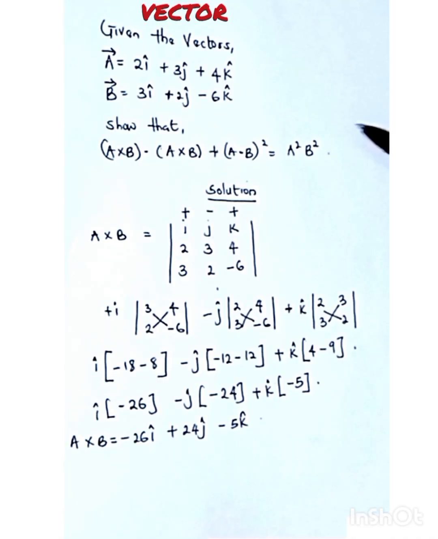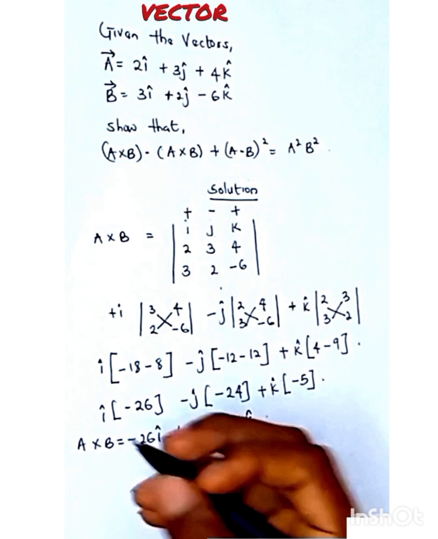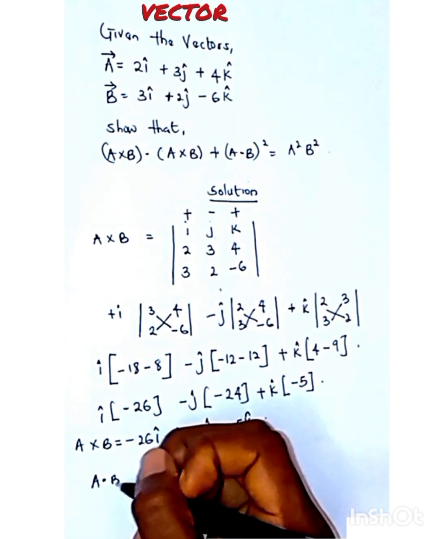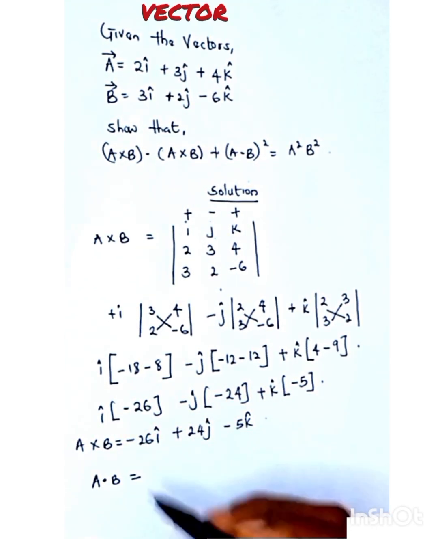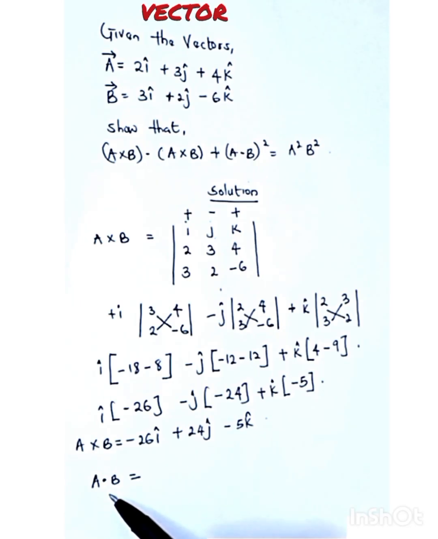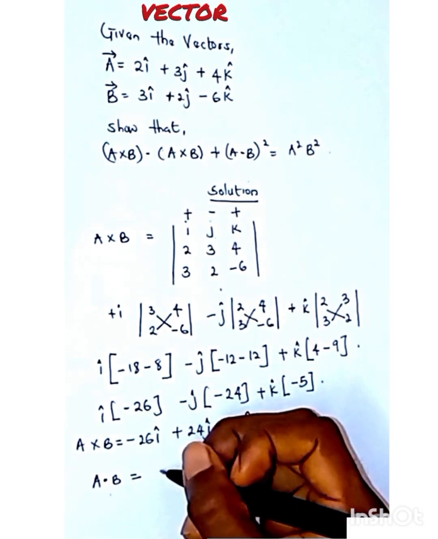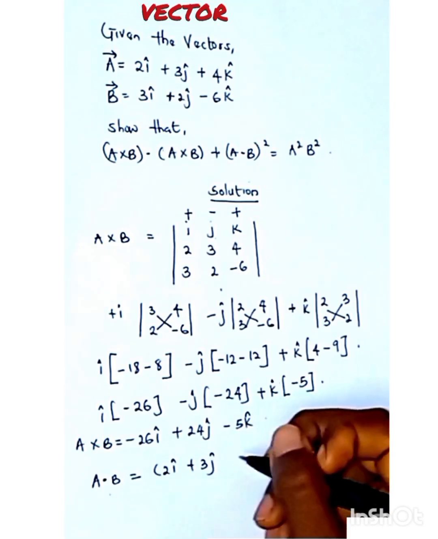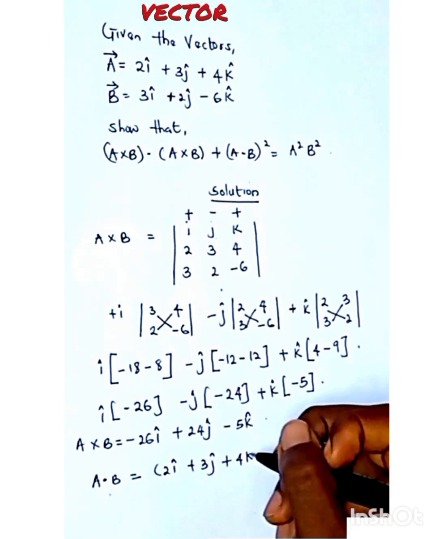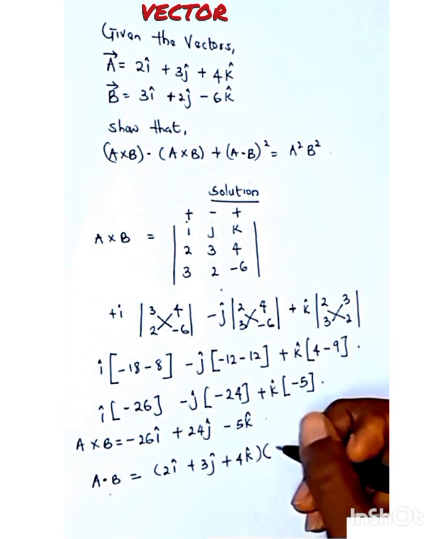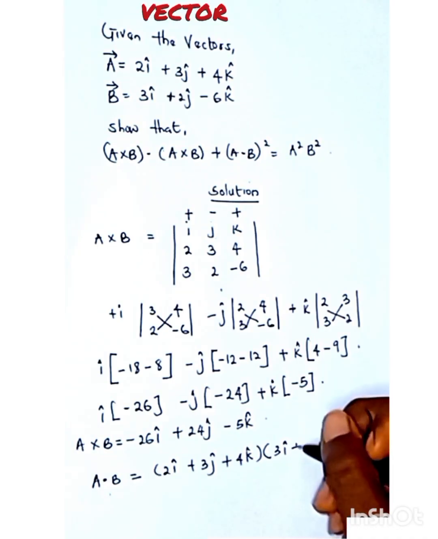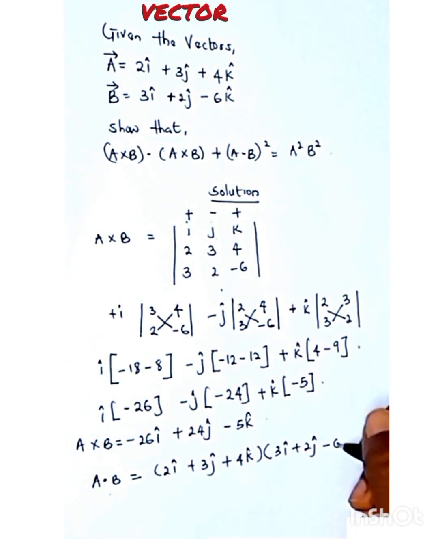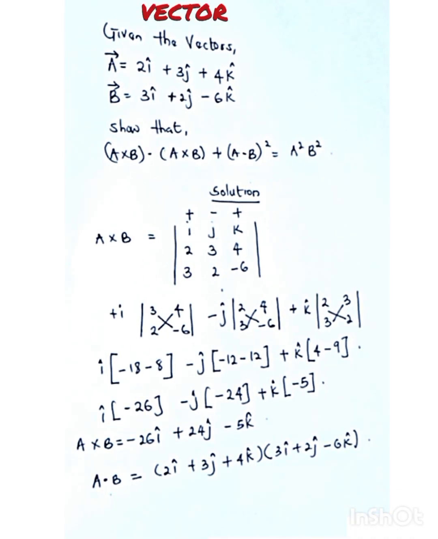Now we get the dot product of A dot B. The dot product is always a scalar, where we multiply 2i plus 3j plus 4k by 3i plus 2j minus 6k.